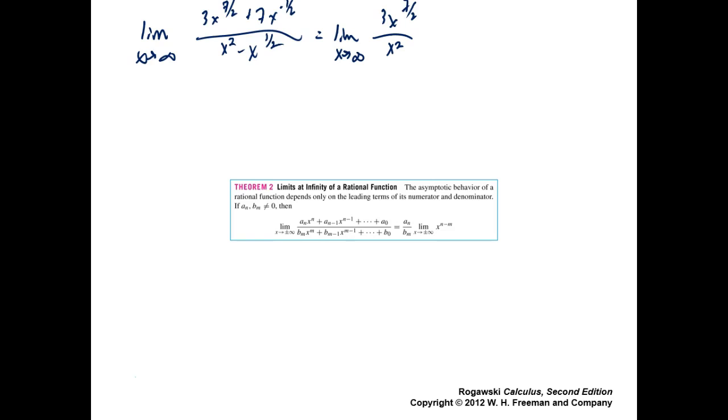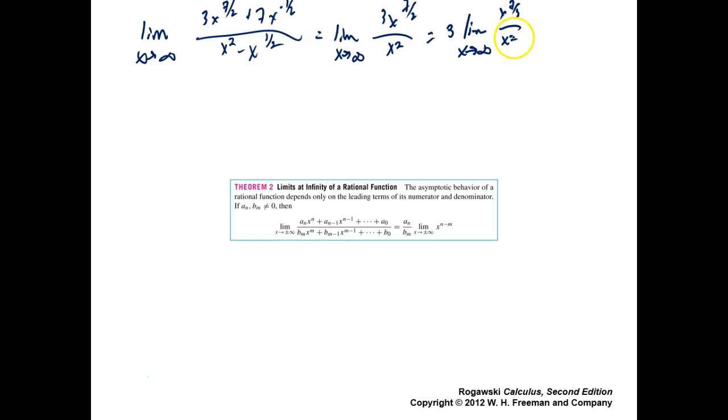Okay? Now, factor out the coefficients. That's just going to be 3 times the limit as x approaches infinity of x to the 7/2 over x squared. Okay? Now, this is a little harder to do. Well, it's not hard to do if you use the rules for exponents.